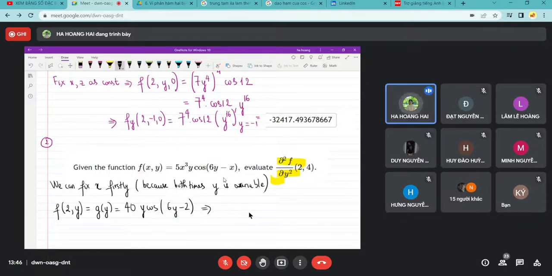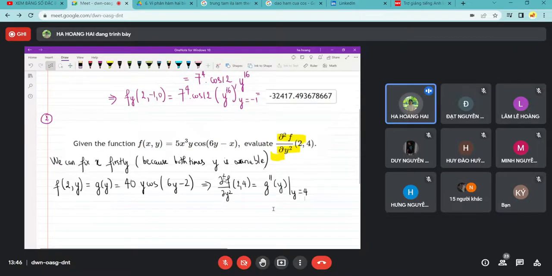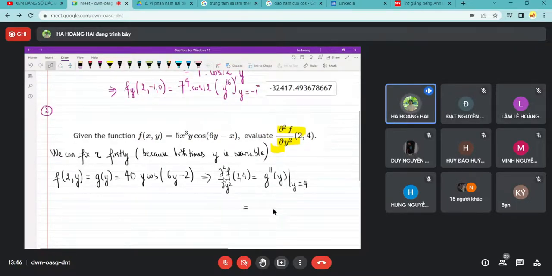And then the second order derivative of this function at this point would be equal to the second order derivative of g(y) when y equals 4. Okay, and you can check this. First of all, you will need to find the first order derivative.